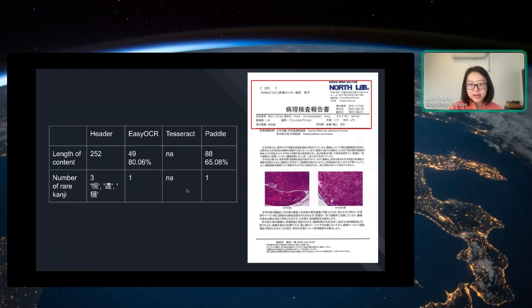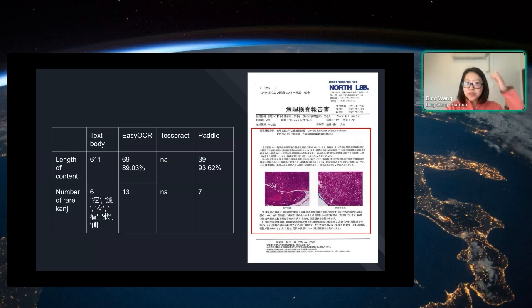They failed to recognize where texts are. When it comes to the main body, Paddle did an okay job. Easy OCR's accuracy rate is below 90, so not as ideal. And Tesseract really struggled with this one as well when it comes to text recognition.